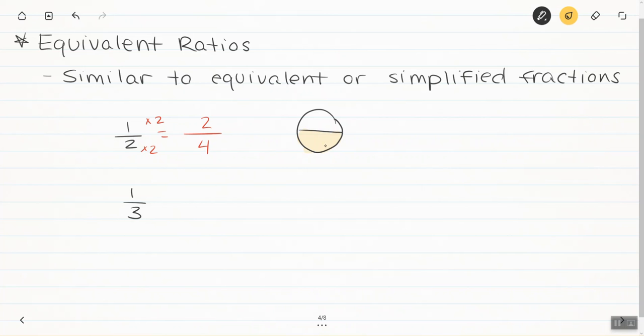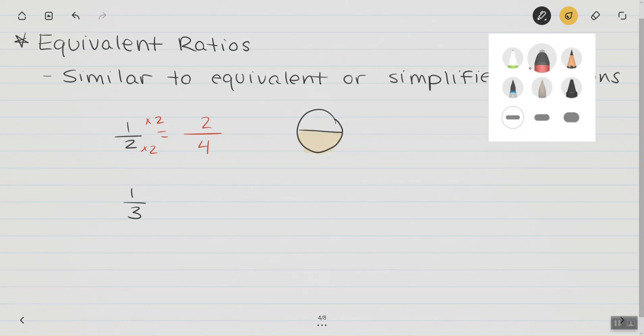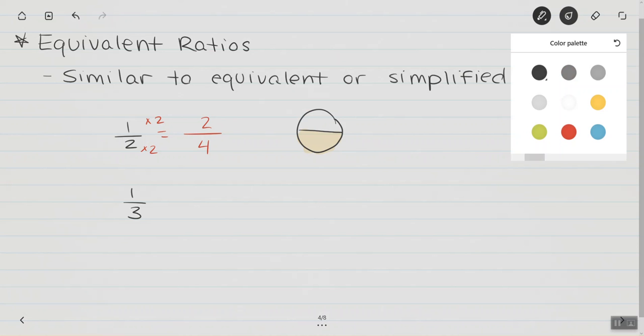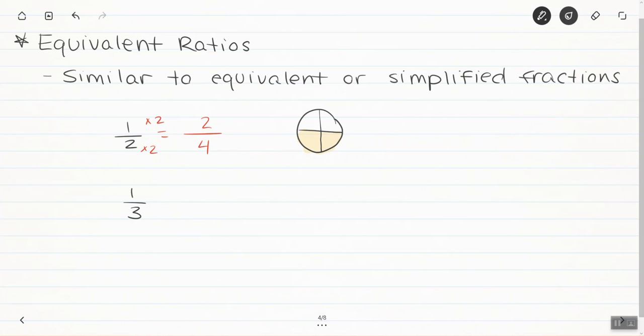So there I'm showing half. And then I can cut it again. And now you see I have 2 of my fourths that are listed there. So 1/2, if I multiply times 2, is equivalent to 2/4.